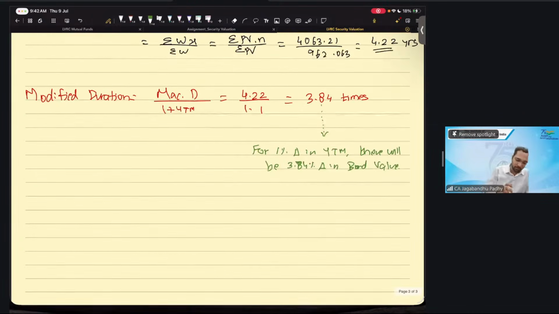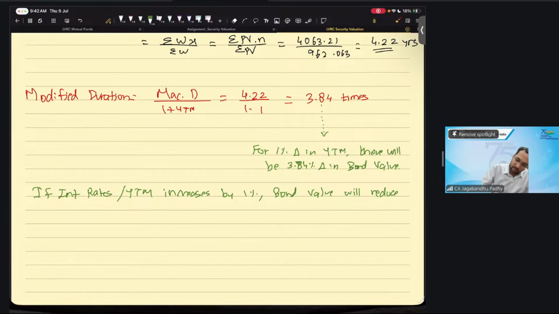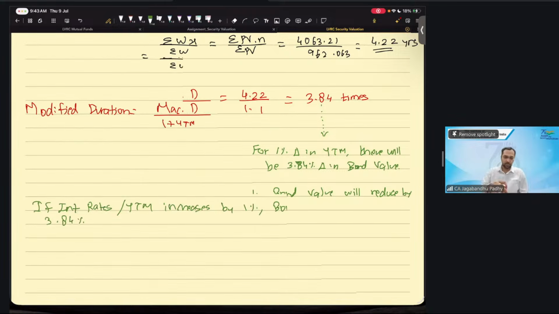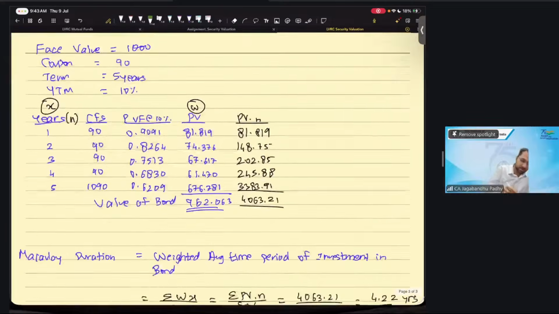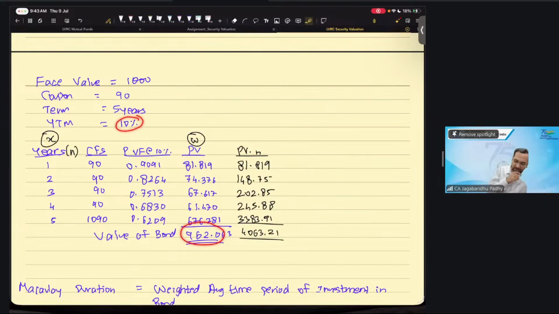Or to put it the other way around, if interest rates, that is your YTM, increase by 1%, the bond value is going to reduce by 3.84%. Like in our case, when the YTM was 10%, we got the value as 962.063.